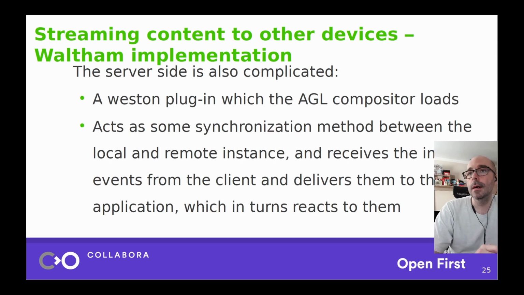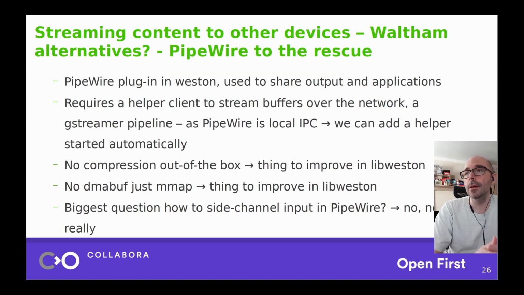Now, I've been thinking about what would be the alternative to Waltham, and one thing that popped into my mind was PipeWire. We have a plugin in Weston for PipeWire, which we use to share output and an application. PipeWire is a local IPC. It doesn't know about the network. We will still need some kind of a helper client to stream buffers over the network.